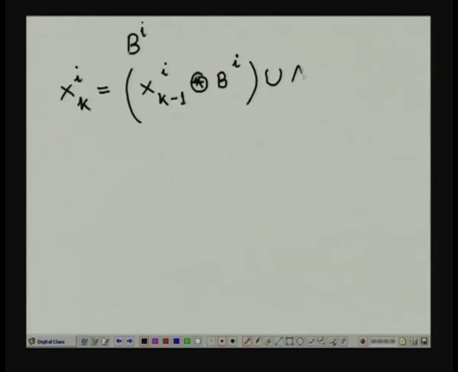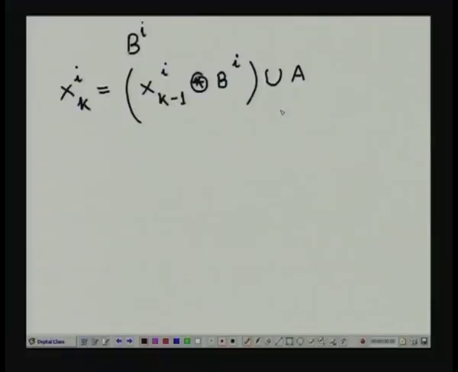So, for a particular structuring element say B I, we perform an iterative algorithm like this: x k I is equal to x k minus 1 I, take the hit or miss transform of this with the structuring element B I, and then perform the union of this with our original point set A. Here A is the original point set, and this iterative algorithm has to be done independently for each of the structuring elements B 1, B 2, B 3 and B 4.